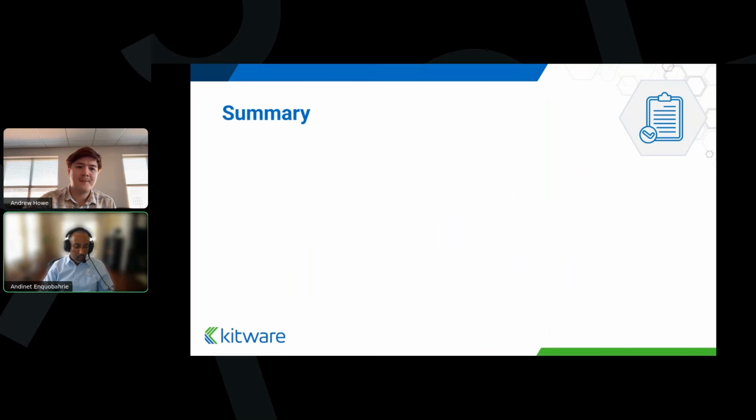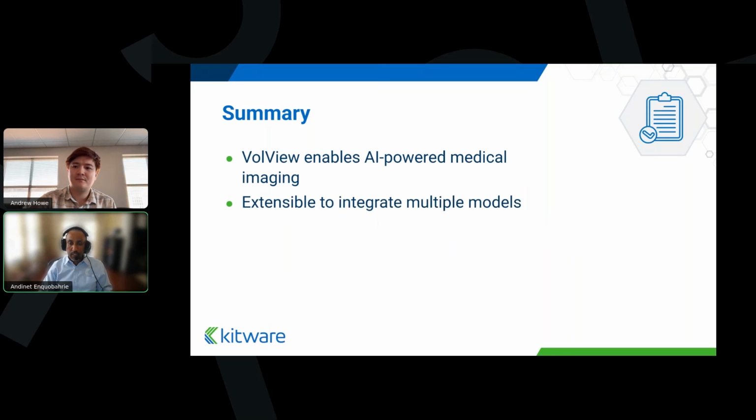All right, just to wrap up, and hopefully we'll have a couple minutes for Q&A. What we showed today is VolView, which has advanced visualization and now has this integration with an AI system. It's very extendable.